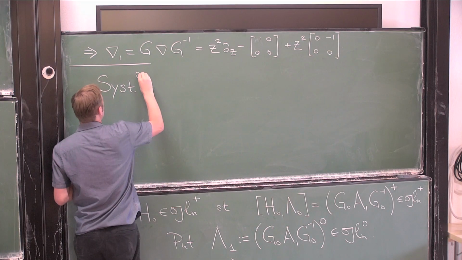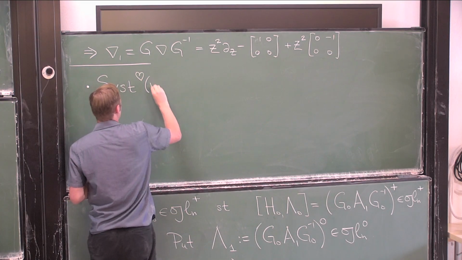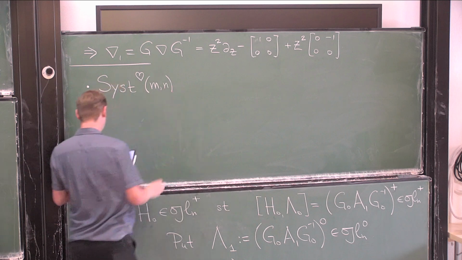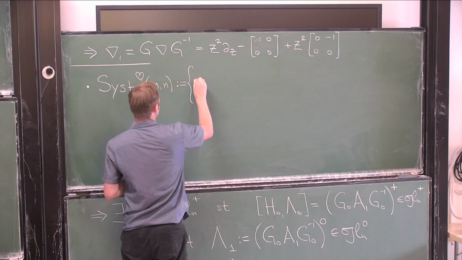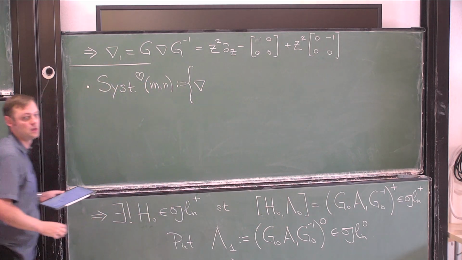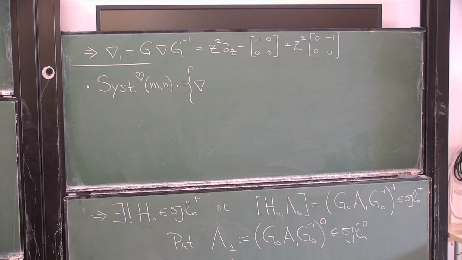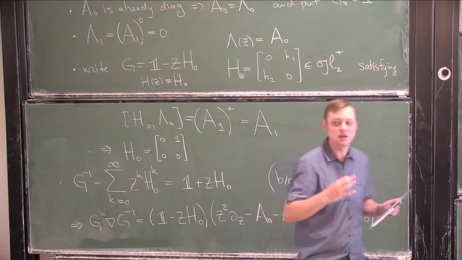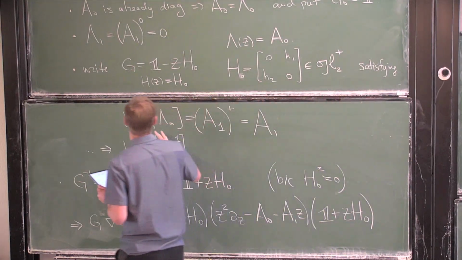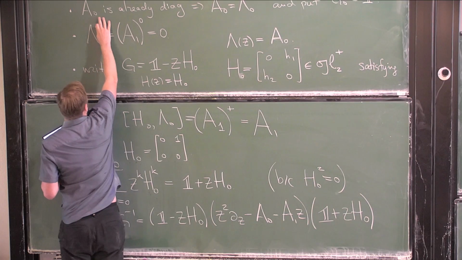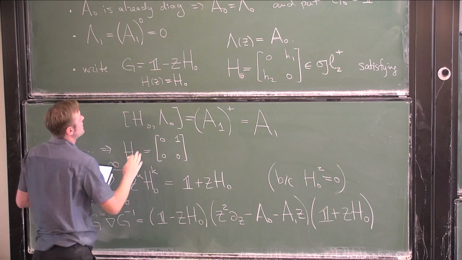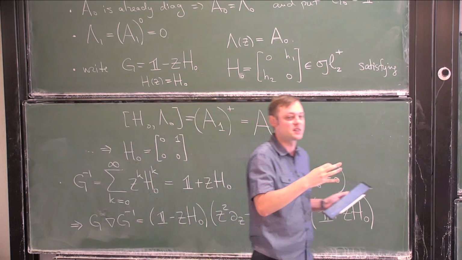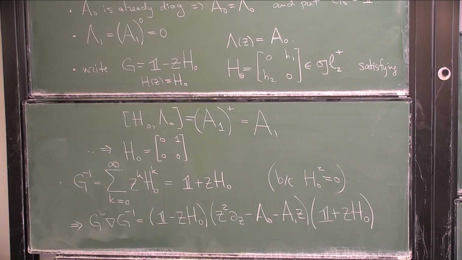Syst with a subscript m, n. These are going to be all the systems which are amenable to this trick of diagonalizing the principal part. All I needed for that was the assumption that the leading order part of the system has distinct eigenvalues. That was my main tool because I wanted to apply that linear algebra fact.